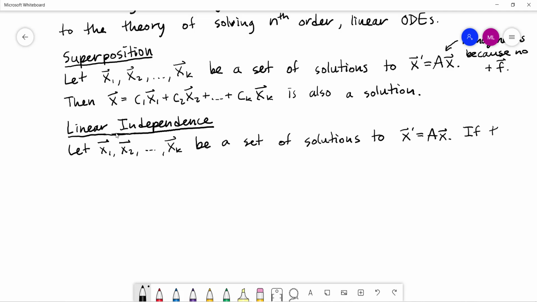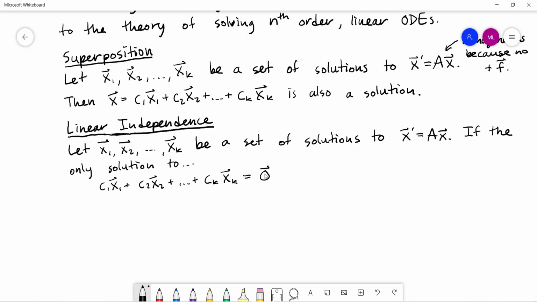Turns out if the only solution, so the same idea as before, if the only solution to the following, to c1 x1 plus c2 x2 plus dot dot dot all the way up to ck xk. If the only solution to that being equal to 0, but now because these are all vectors, we're adding up a bunch of vectors, the result should be a vector.